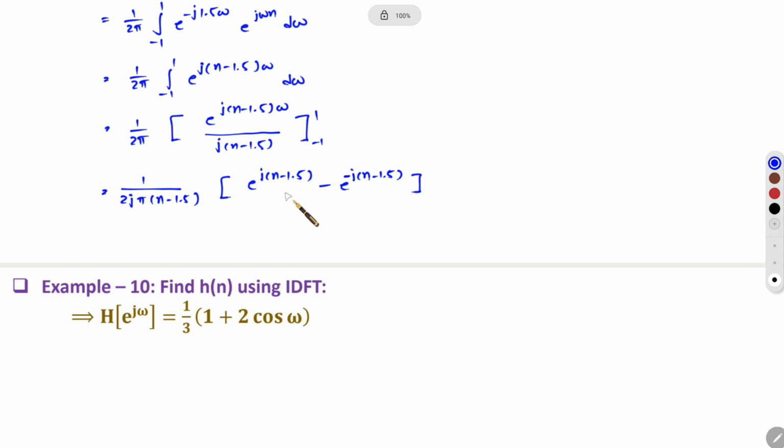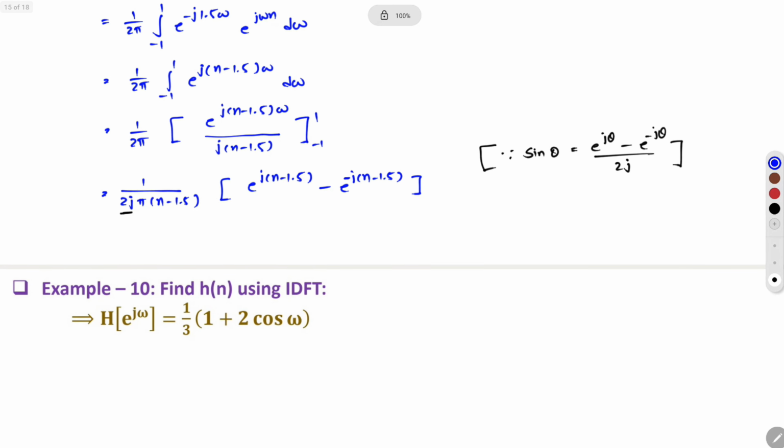Now we need to understand this. This is a term similar to sine theta, where sine theta is e to the power j theta minus e to the power minus j theta, divided by 2j. If you use this here, we have 2j that you can take in the denominator.